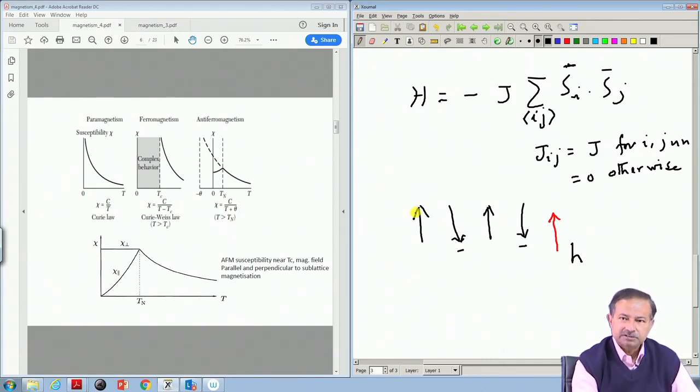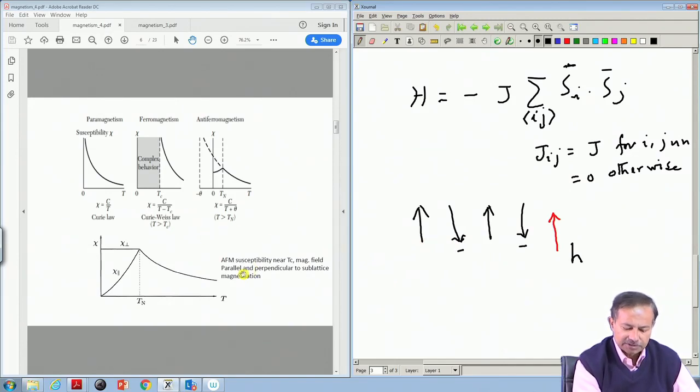The sublattice magnetization is calculated by taking these up spins and multiplying the down spin moment by -1, that means you actually turn it around and make it point in this direction, and sum over all of them.